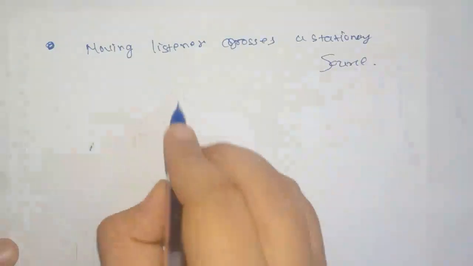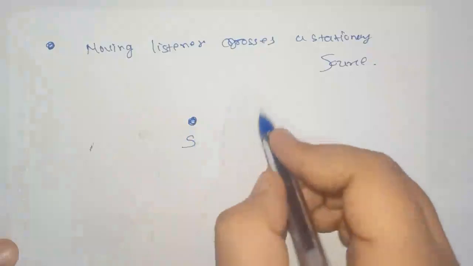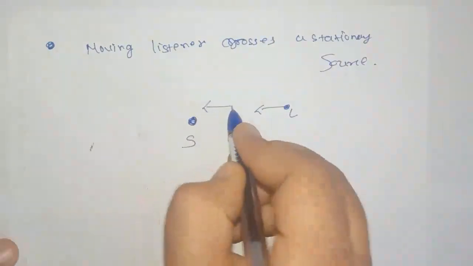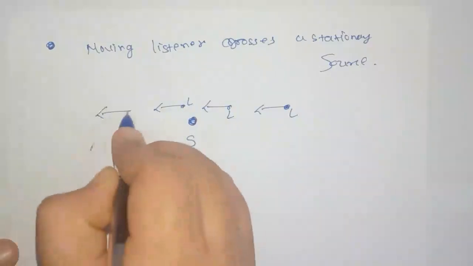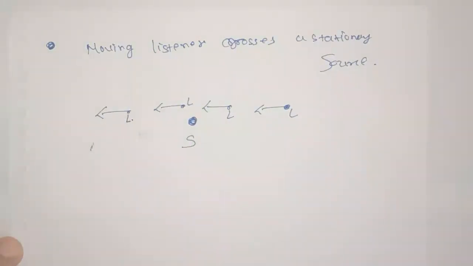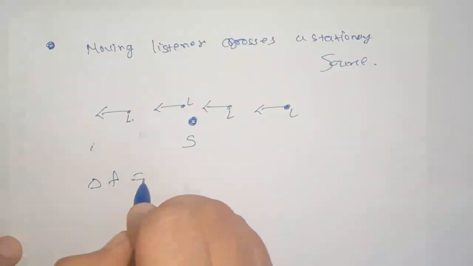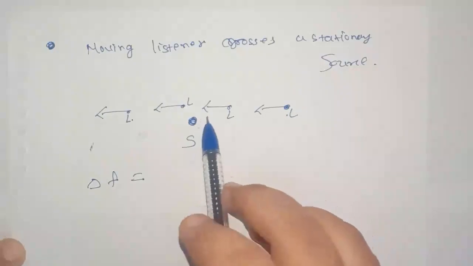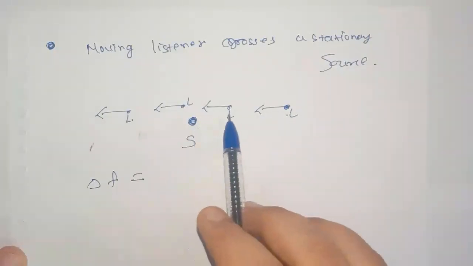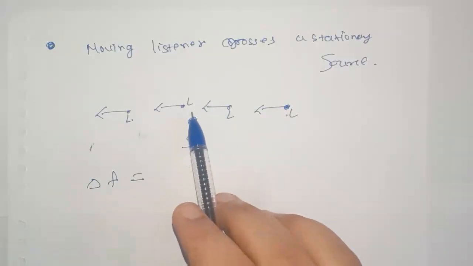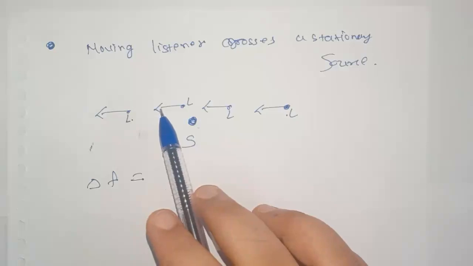In this case, when now a moving listener crosses a stationary source, that is, the source of sound is at rest and the listener is crossing the source, then the change in apparent frequency delta F will be equal to, initially the distance is decreasing, so the apparent frequency will be more, and then after crossing the distance is increasing, so apparent frequency will be less.